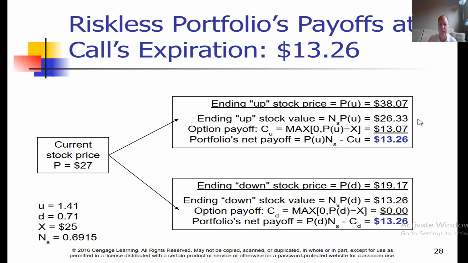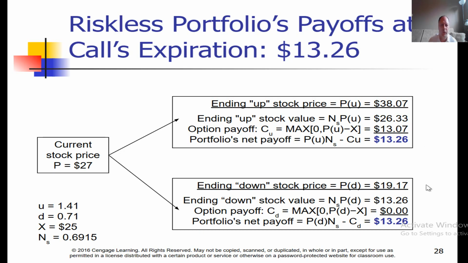The option payoff we determined to be $13.07, so if we have gone long N S P U shares and been paid $26.33, but we've gone short the option, so we have to pay back $13.07. The net value of our portfolio is 26.33 minus 13.07, or $13.26.